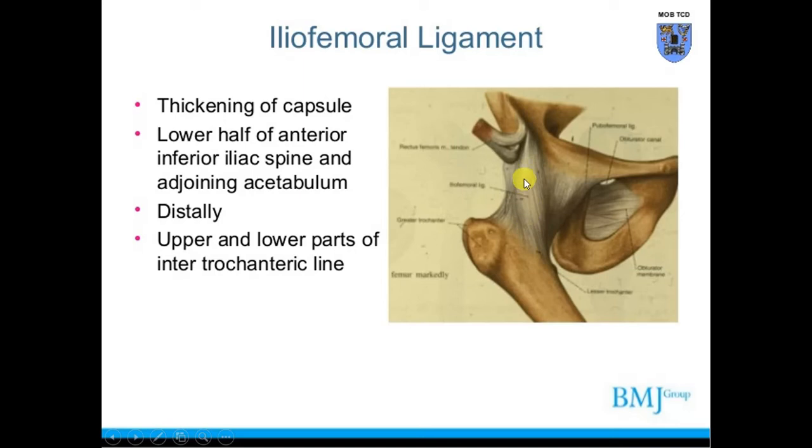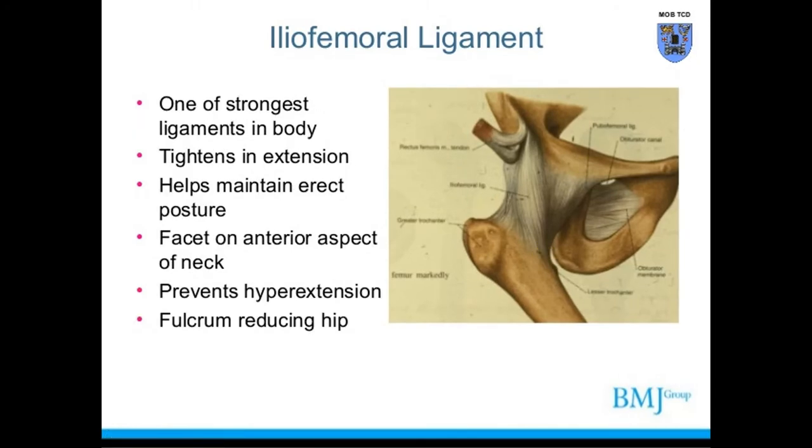It runs anteriorly from the anterior inferior iliac spine and adjoining acetabulum to the intertrochanteric line. The iliofemoral is one of the strongest ligaments and tightens in extension.